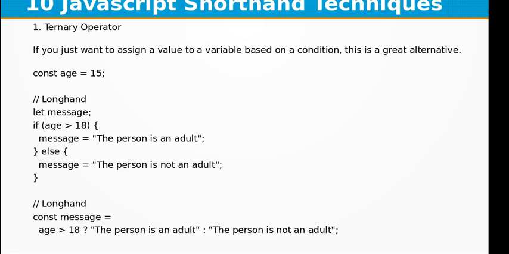The longhand version is that you define a variable called message and add a condition: if age is greater than 18, then message equals the person is an adult, else message equals the person is not an adult. The shorthand: const message equals age is greater than 18, then the person is an adult, otherwise the person is not an adult.